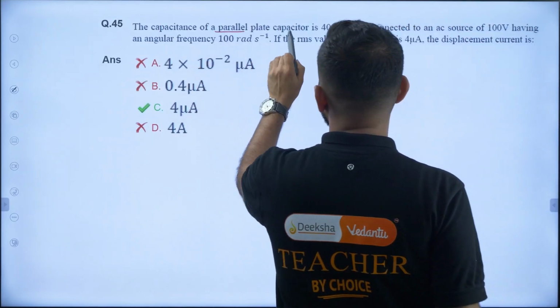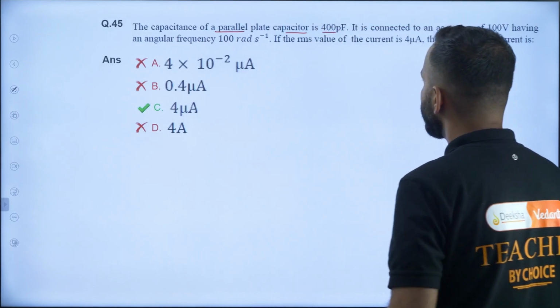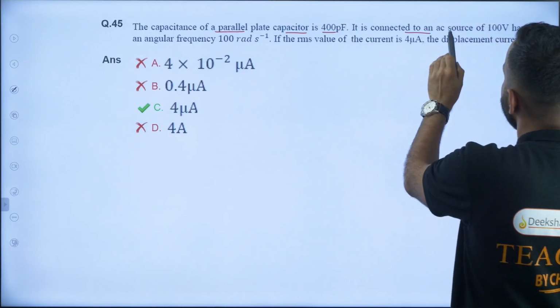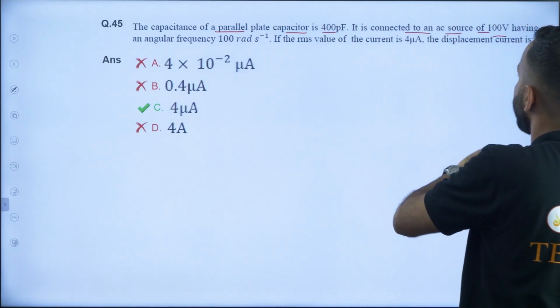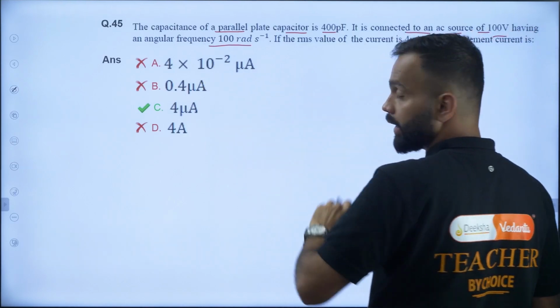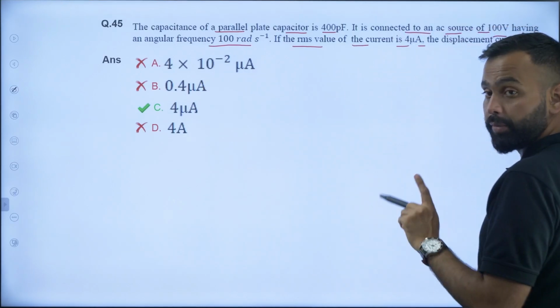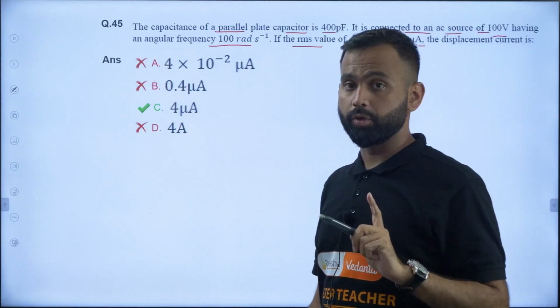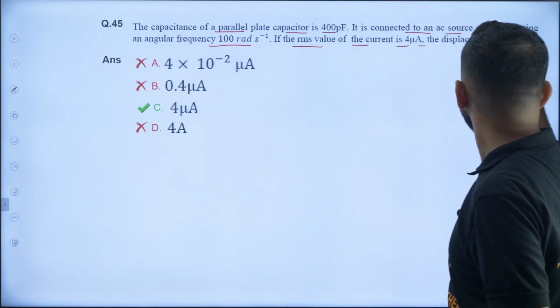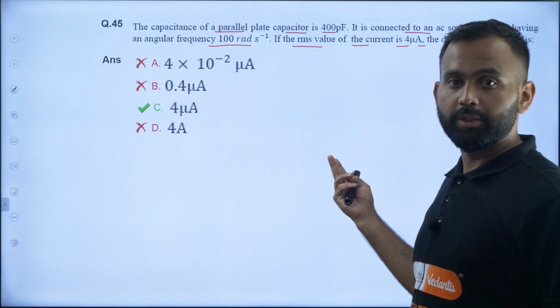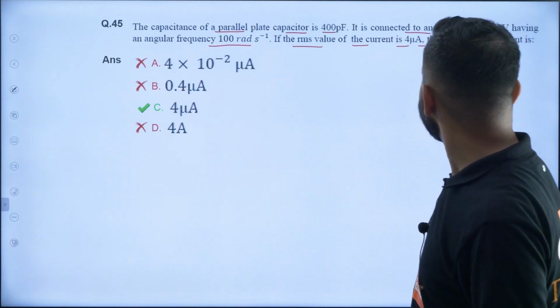The capacitance of a parallel plate capacitor is 400 picofarad. It is connected to an AC source of 100 volt having the angular frequency 100 radian per second. If the RMS value of the current is 4 microampere, remember the displacement current will be the same, because the source is AC source.